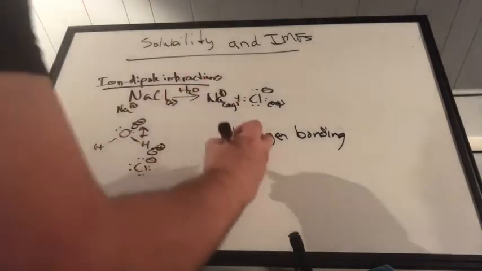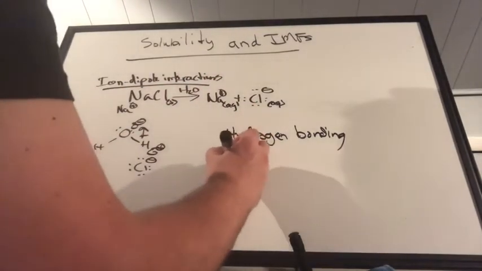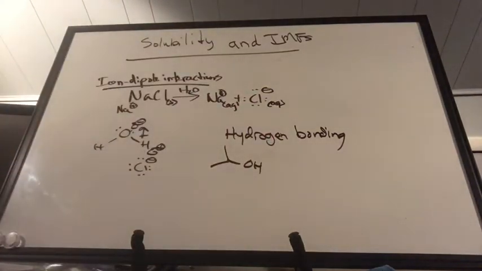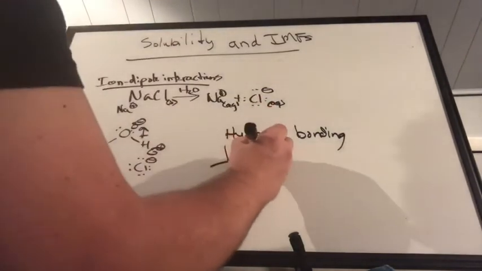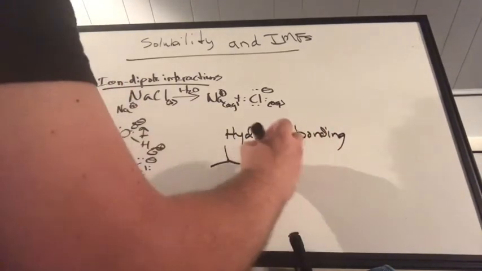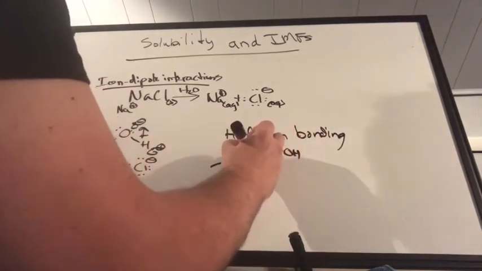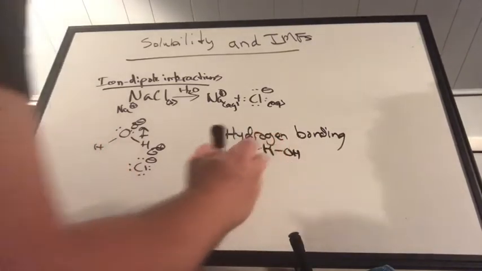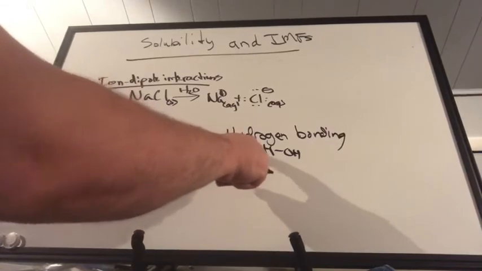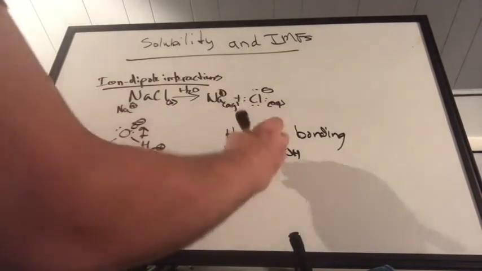So I'll just keep it simple with some alcohol here. Let's say I have isopropanol, which can act as either a hydrogen bonding donor or a hydrogen bonding acceptor with water. So one of these lone pairs is going to coordinate with this hydrogen and share a bond there, right?